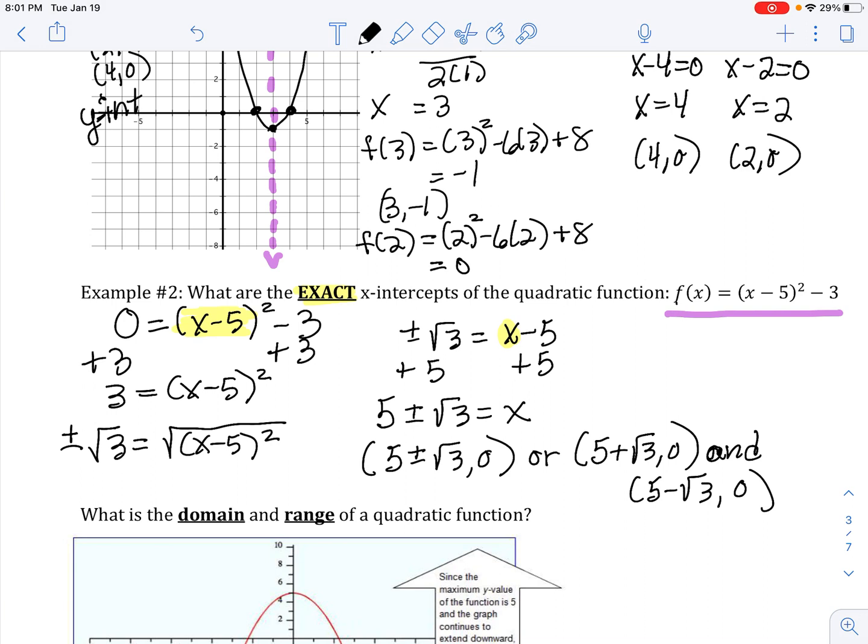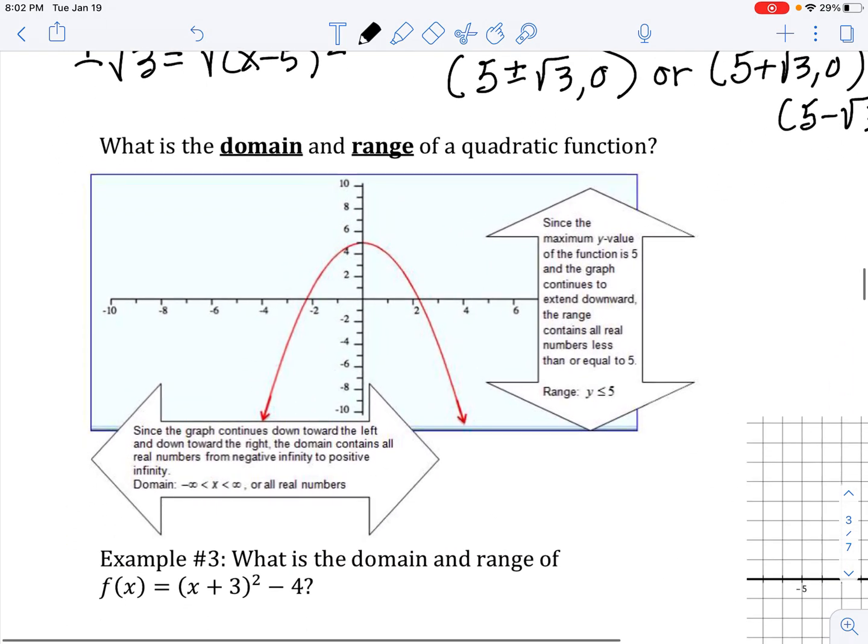If you had turned the square root of 3 into a decimal and added it to 5, you're giving an approximation to where it is in the coordinate plane, not the exact location. All right, so x-intercepts: sometimes they are nice integers, like in the first example, and sometimes they involve irrational numbers or square roots.